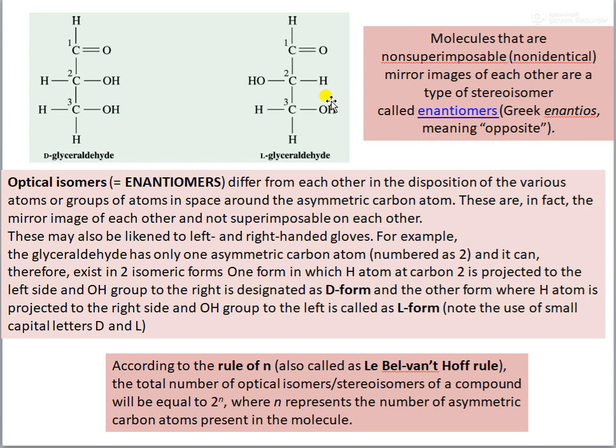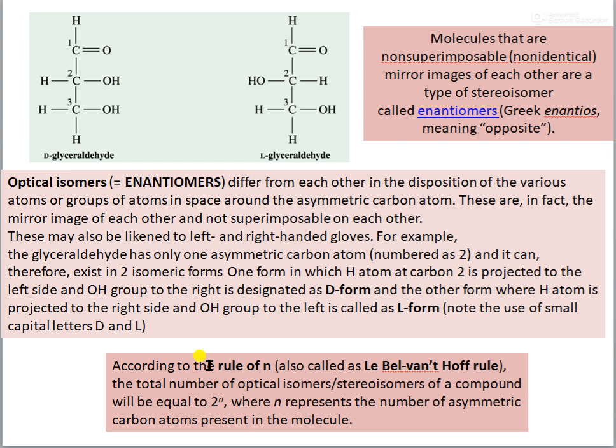I think it's clear to you. If these three conditions are satisfied, then those isomers are considered enantiomers or optical isomers.